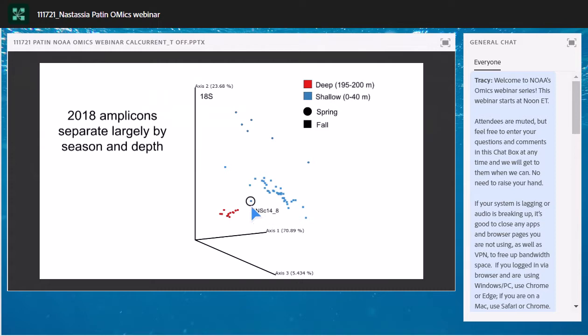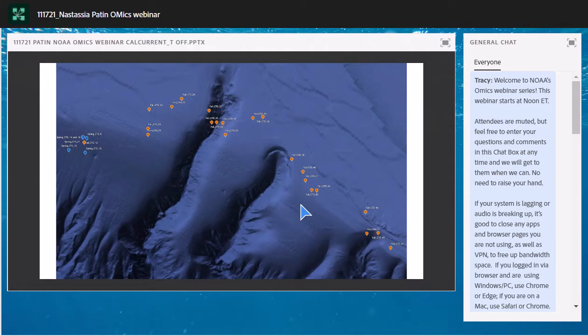Okay, so to go back to our amplicons, I want to point out that there's this one sample that seems to be a bit of an outlier. This is a spring shallow sample that is clustering a little more closely with the deep samples than we might expect, especially from the spring subset.